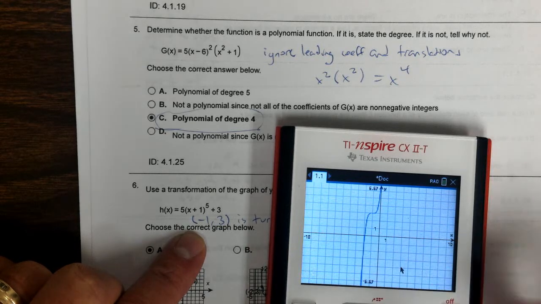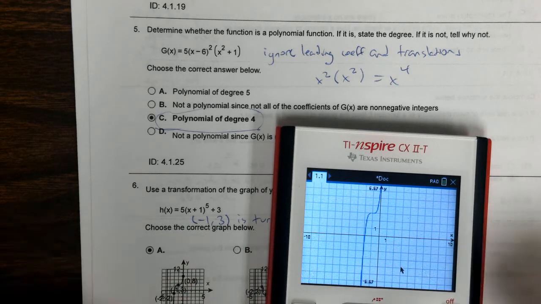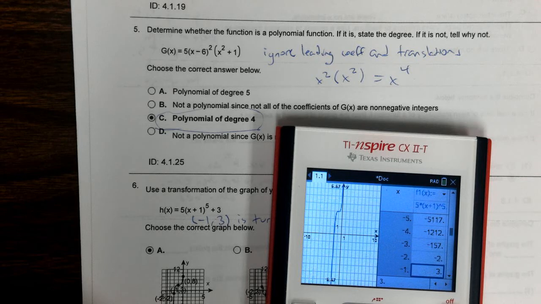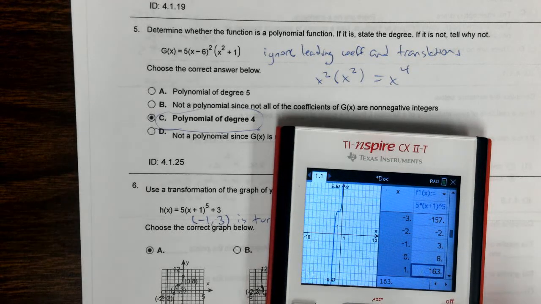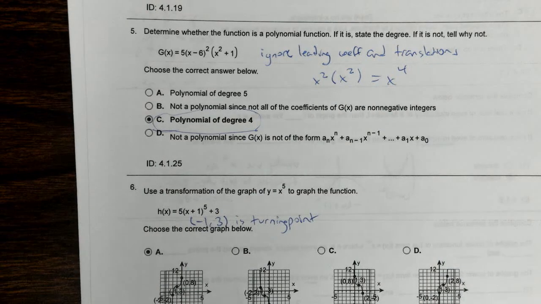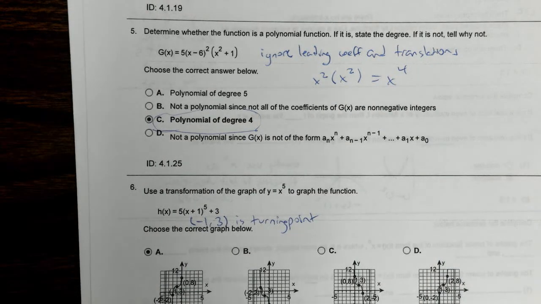So there's your turning point. You can look in the table also. Whoops, -1, 3. Okay, right there. And so that's the A graph.